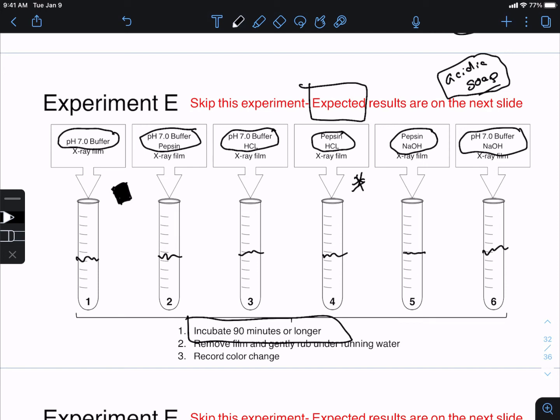But the effect is that you're actually holding proteins onto a plastic strip, and it's the proteins that give you that black color. And then on top of the proteins is a silver coating, and so you get this black strip of film if it's been exposed to the light and then developed. You're going to put one of these strips in each of these.